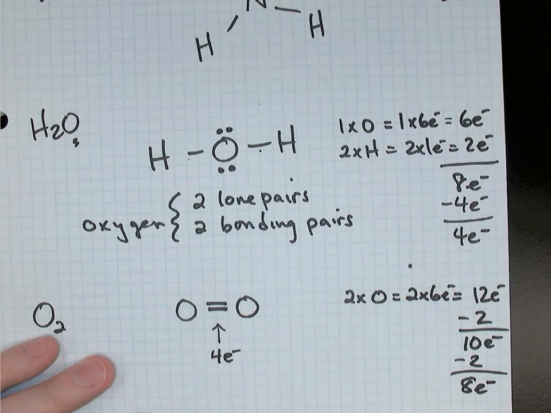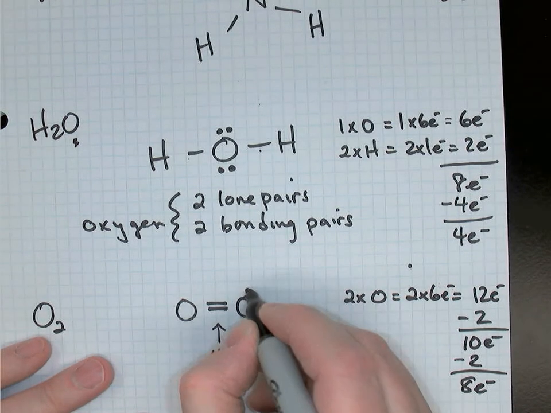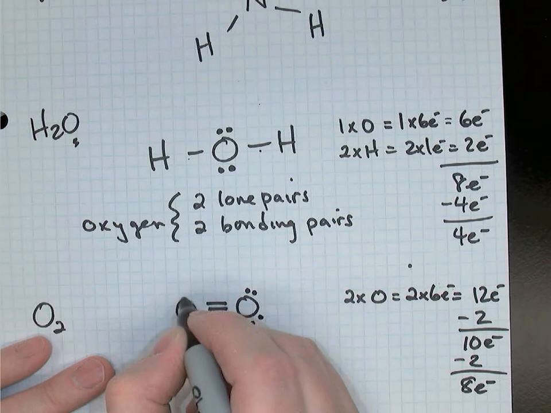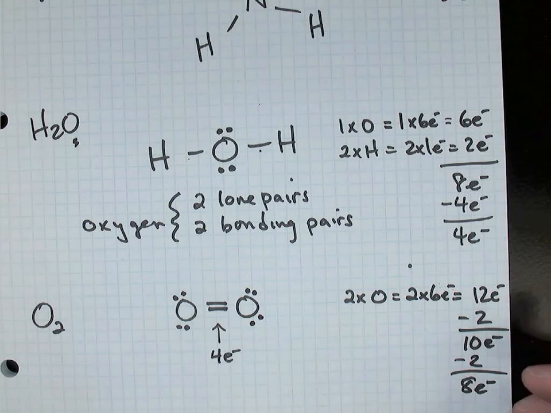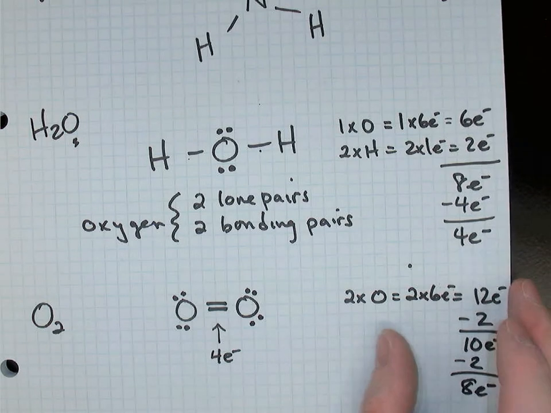So each oxygen currently needs 4 more. And we have 8 electrons left. We can place those 4 on each atom in pairs like that. So in oxygen O2, there's a double bond between the atoms, and each atom has 2 lone pairs as well.